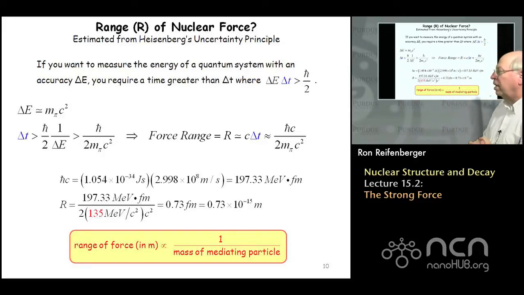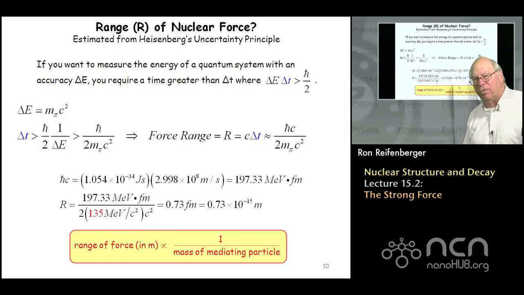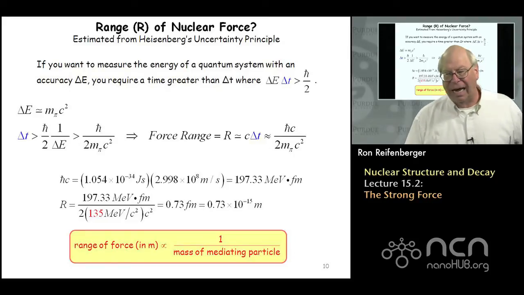And this range of the nuclear force comes about by referring back to the Heisenberg uncertainty principle for energy and time.